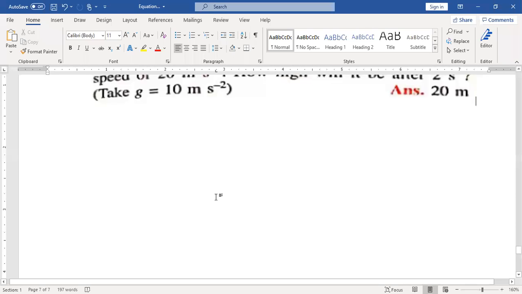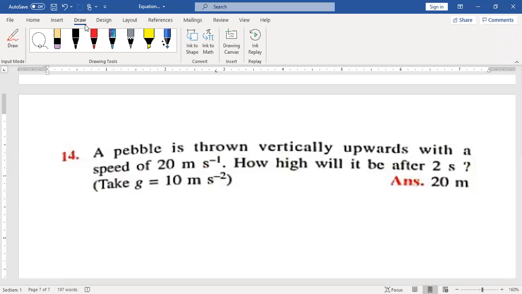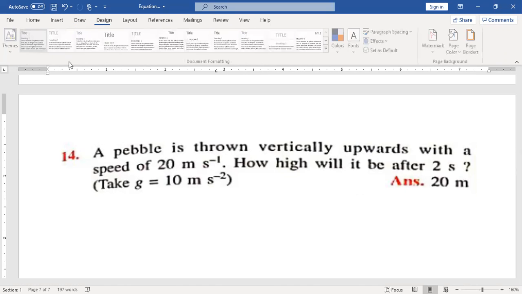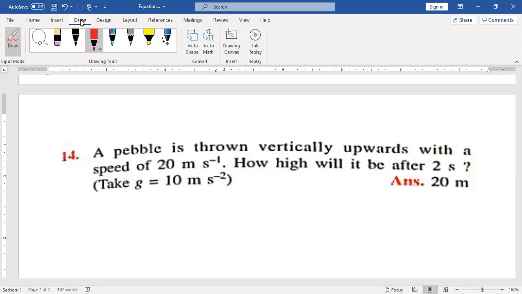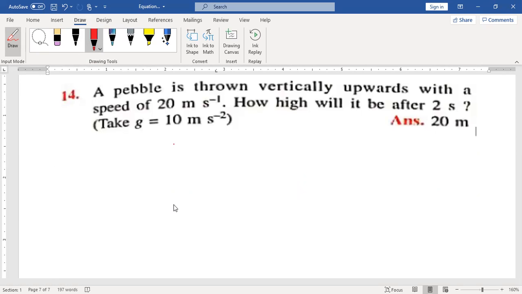So students, now we'll be doing question number 14th. So in 14th question, a pebble is thrown vertically upwards. In which direction it is thrown? It is thrown vertically upwards with a speed of 20 meters per second.